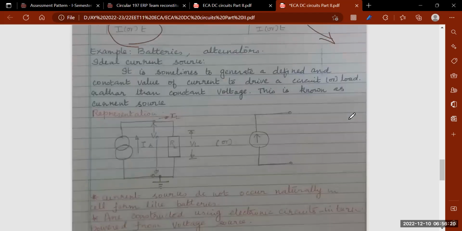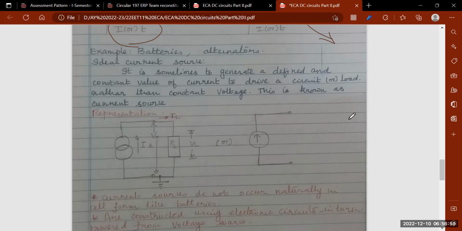Now coming to the current source. Okay. So again, ideal current source, practical current source. Sometimes it is required to generate a definite and constant value of current. Instead of a voltage, I require current to derive the voltage. For example, my cell phone charger: even if I say that while charging my voltage is increasing, the process of charging takes place by the current delivered by the supply to my charger, right?